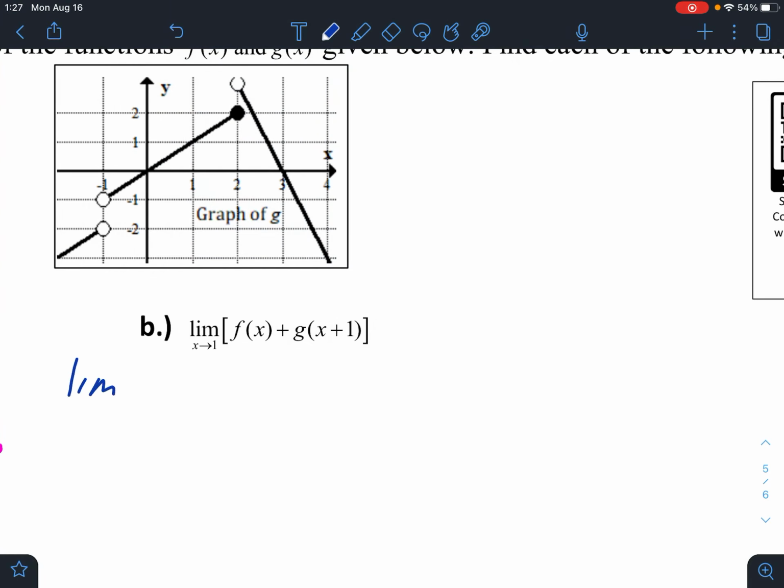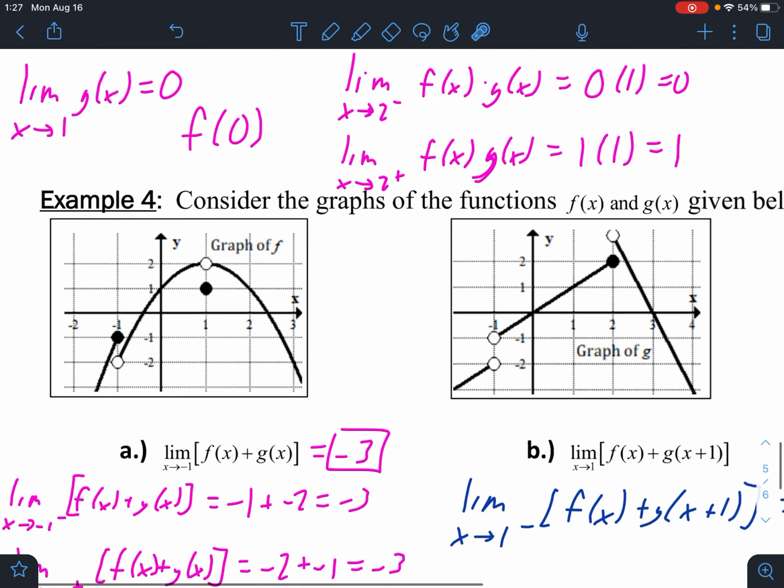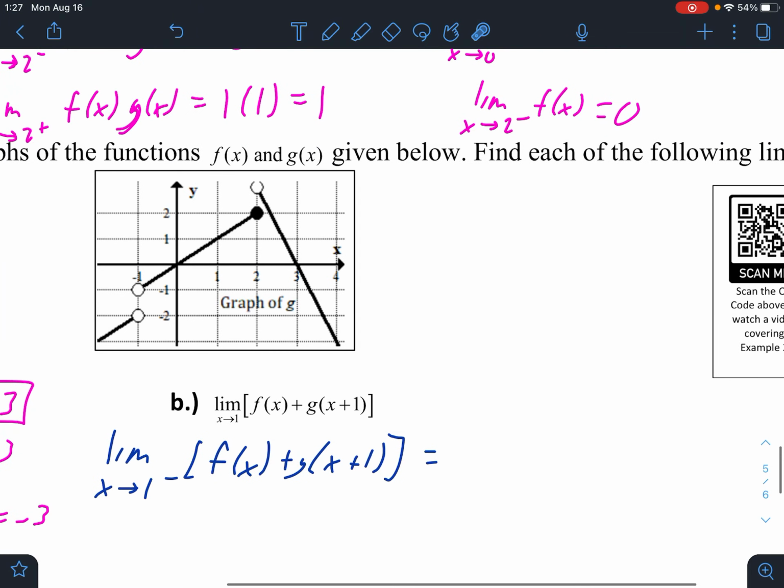So limit as x approaches 1 from the left of f would be 2, of g of 1 plus 1. So g of 2 would be 2. So we get 2 plus 2, which is 4.